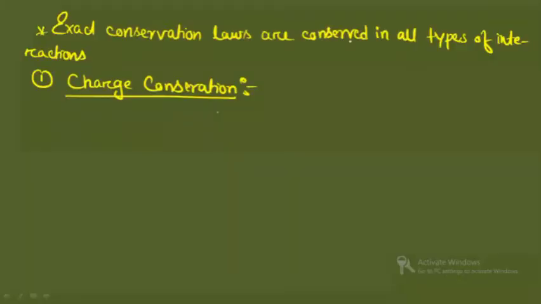So the first conservation law which comes under the exact conservation is the charge conservation. All right. So for a reaction to occur, the charge must be conserved in both the left hand side and the right hand side.